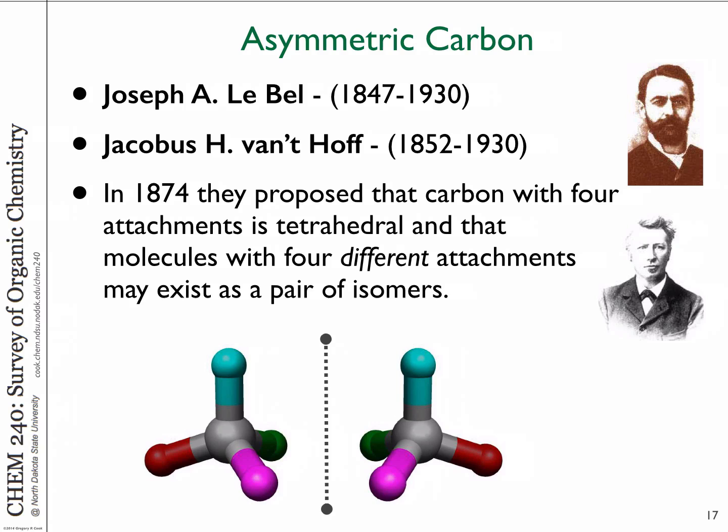Van Hoff proposed that carbon that has 4 groups attached was in this tetrahedral shape that we know today, and that if you have 4 different groups, then you could have those molecules exist as mirror images. So it was only not that long ago compared to some of the earlier discoveries, 1874, when they were thinking about tetrahedral carbons in 3-dimensional space.